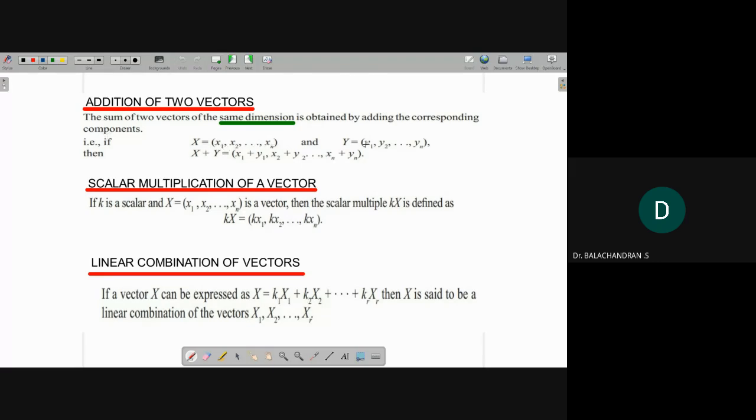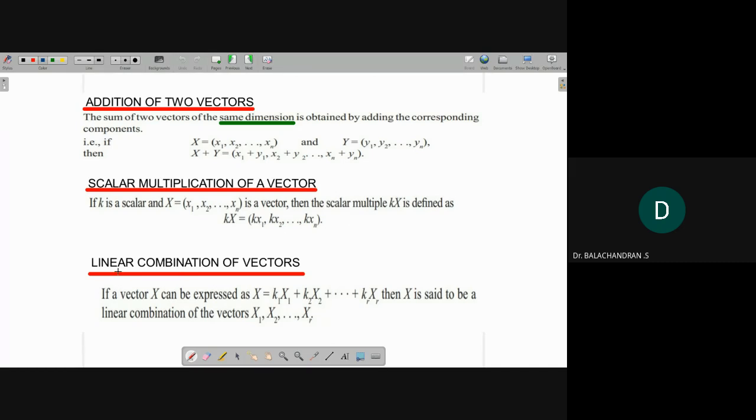So if this is x and this is y, then x plus y is x1 plus y1, x2 plus y2, in general xn plus yn. Next is scalar multiplication of a vector. If k is a scalar and capital X is a vector, then the scalar multiple kX is defined by multiplying all the elements of X by the scalar k.